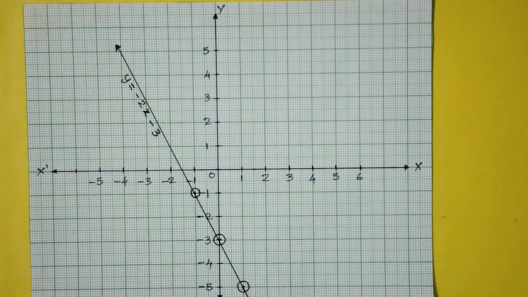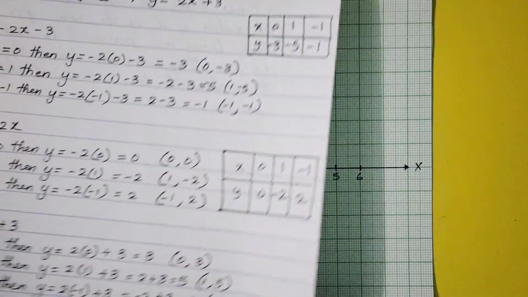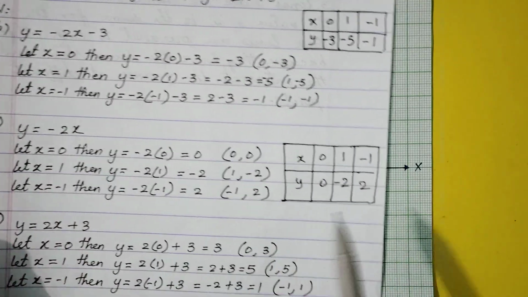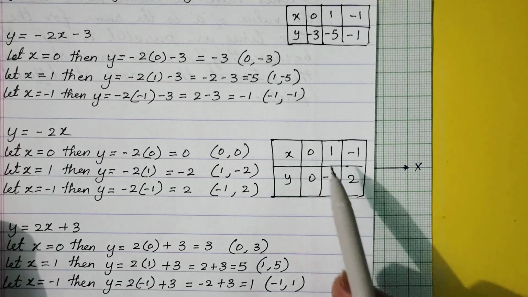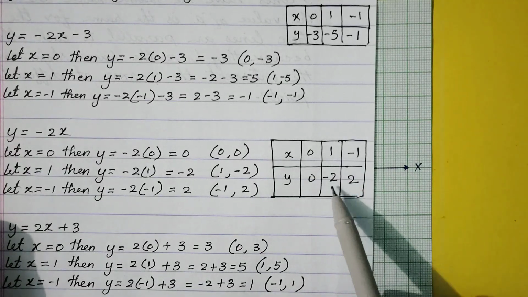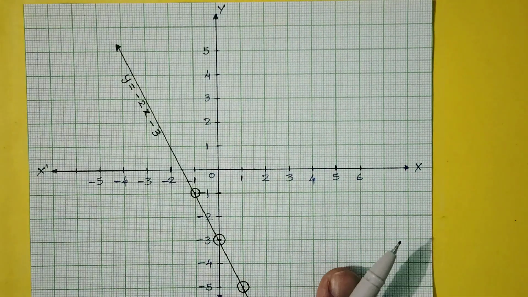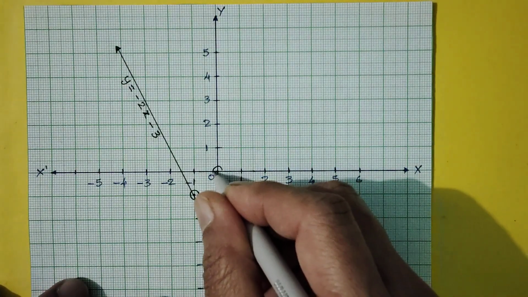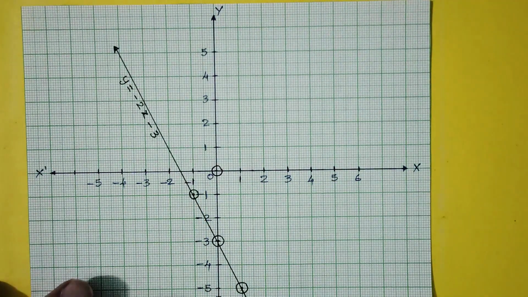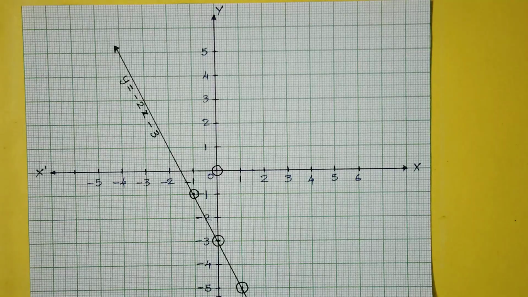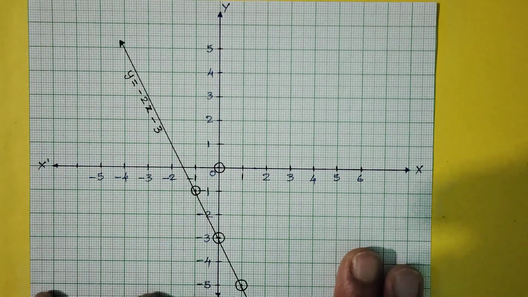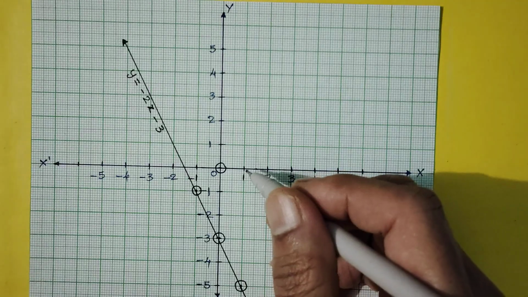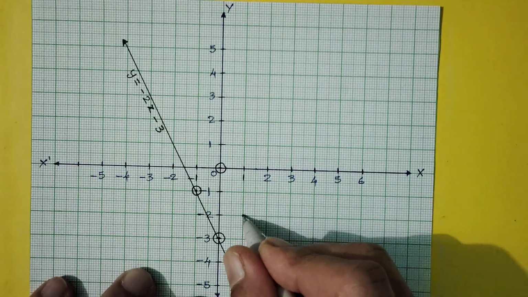The next one is y is equal to minus 2x. The values are 0, 0, 1, minus 2, minus 1, 2. So 0, 0 is this point. 1, minus 2: x is 1, y is minus 2. So this is that point.